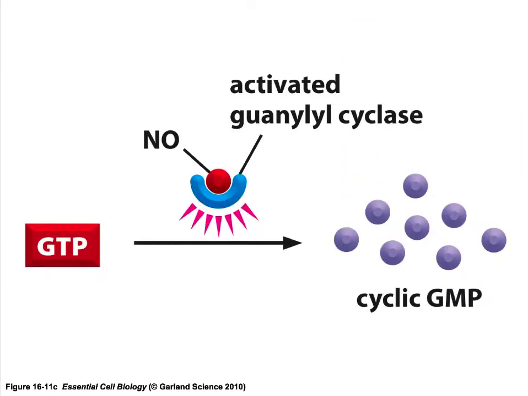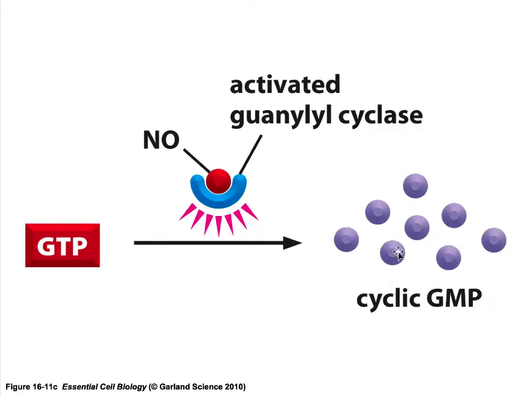Since we mentioned gases acting as signals, here's the most famous gas of all, nitric oxide. So nitric oxide can enter cells and it can bind to its target protein, guanylyl cyclase, and that activates that enzyme. And what that enzyme does in the cytosol is it converts GTP, a famous molecule, into a cyclic version of itself, just like cyclic AMP.